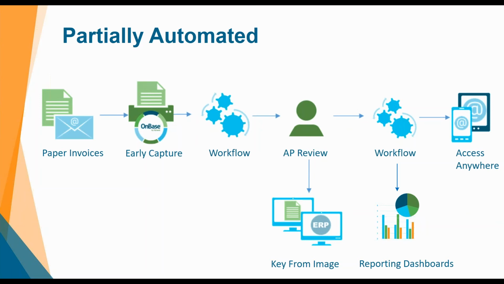Once those approvals have taken place, or even throughout that process, at any point, we're able to use that reporting dashboard to take a snapshot of the process and understand again in real time where we are within that process. And after those approvals have taken place, the document will come back with the appropriate information to the AP reviewer to enter that information into their ERP system or that core financial system.